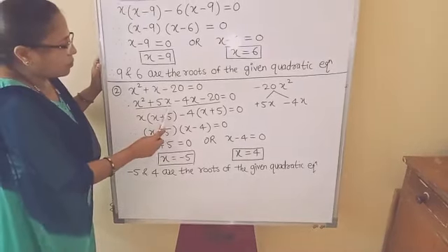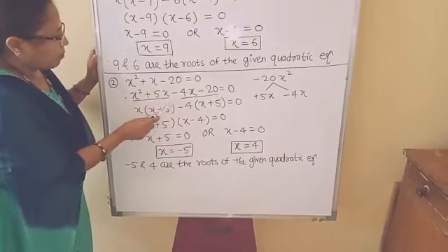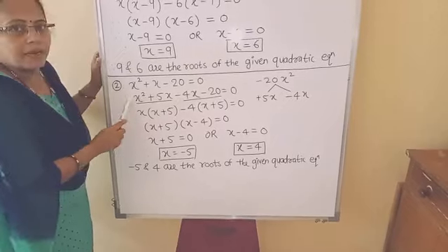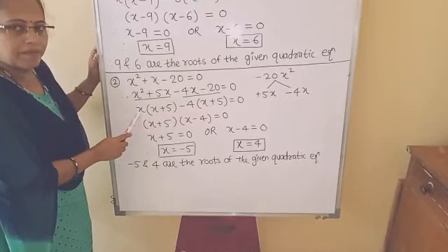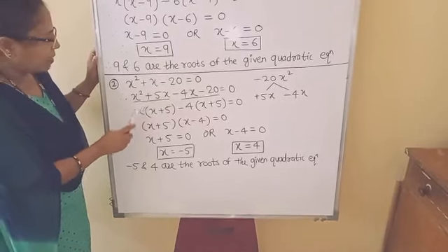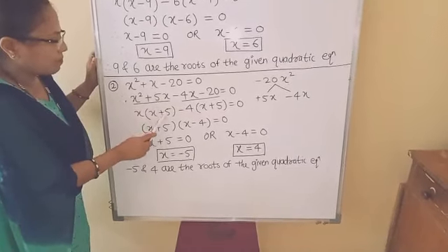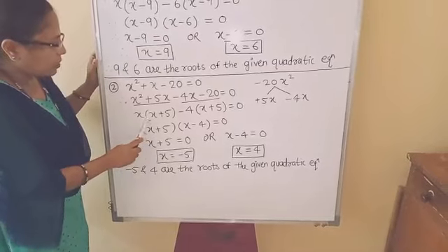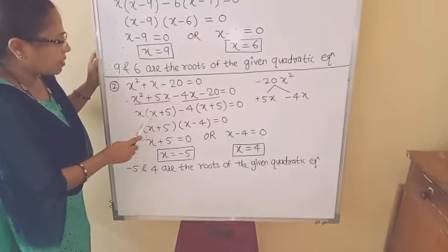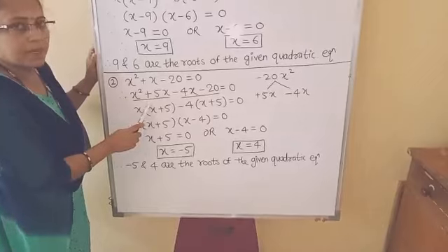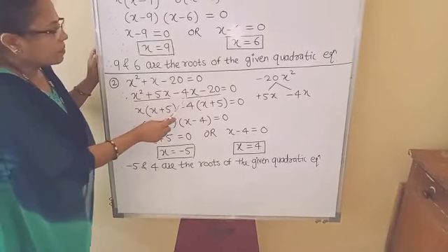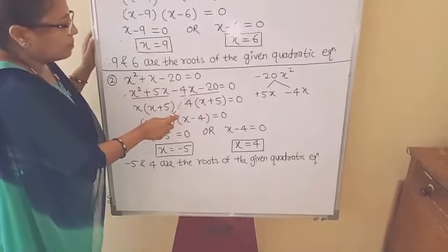Now, make groups of two terms. From the first binomial, we will take x as a common factor. So in the bracket, we will get the other factor x plus 5. So x into bracket x plus 5, these are the factors of this binomial. Now, the second binomial.